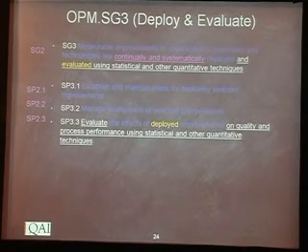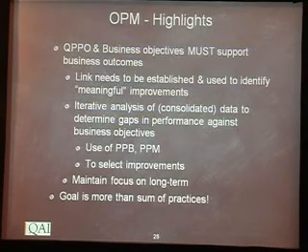Goal 3 talks about deployment. I don't see too many changes except for highlights relating to usage of statistical and quantitative techniques, both in the goal statement as well as the practice statement. So a few things that are coming out. In OPM, quantitative process performance objectives and business objectives must support business outcomes.